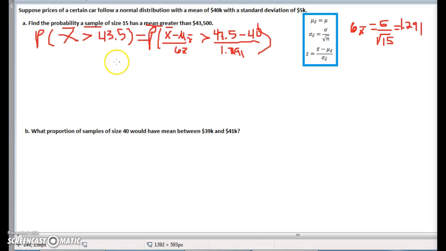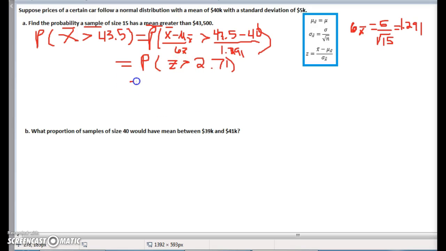So that equals the probability of z being greater than, if we put this all in the calculator, we get 2.71. And now we get this from the table, we find 2.71, the z, but we say this is greater than, and the table has the left side, and this is the right side.